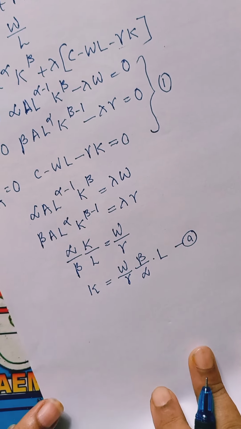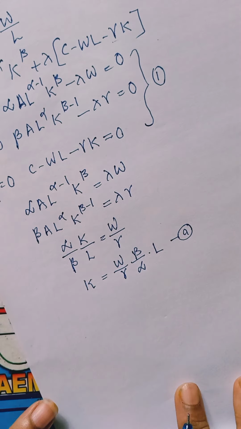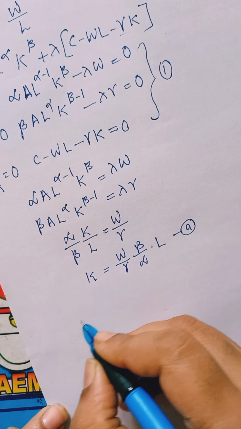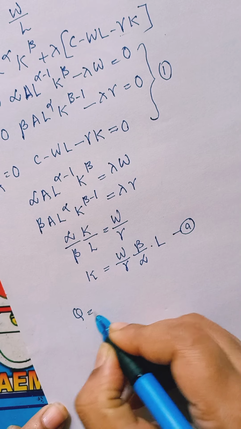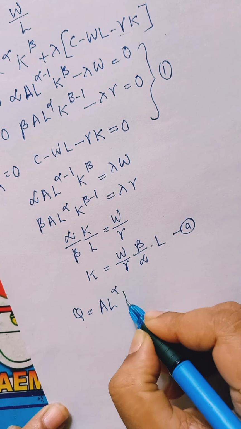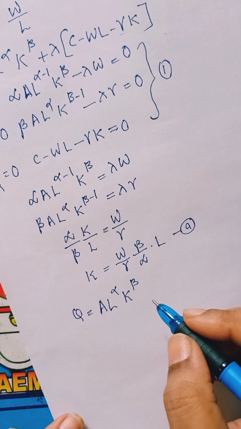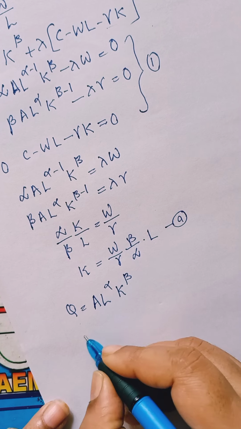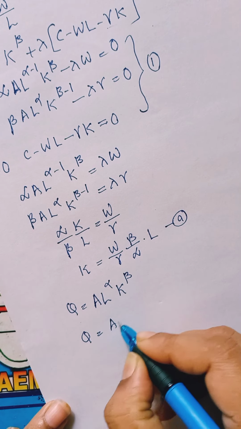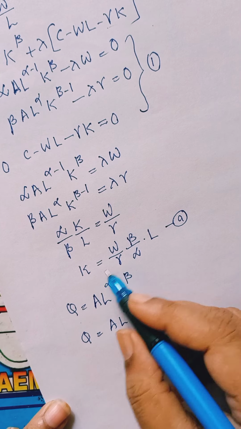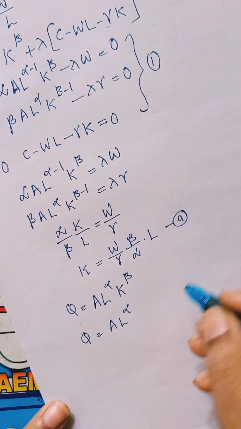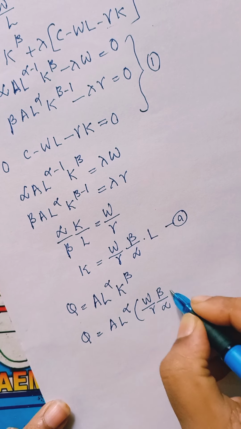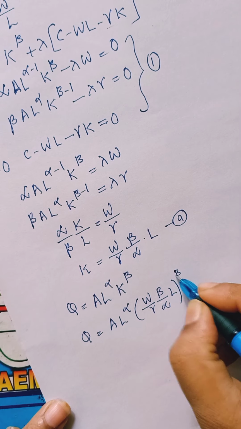Then the next step to find out the cost equation is to substitute this K into our production function. Our production function Q is equal to A L raised to alpha K raised to beta. Therefore, in the first step we substitute this capital into our production function, that is Q is equal to A L raised to alpha, and instead of K we will use equation A, that is w by r beta by alpha L whole raised to beta.